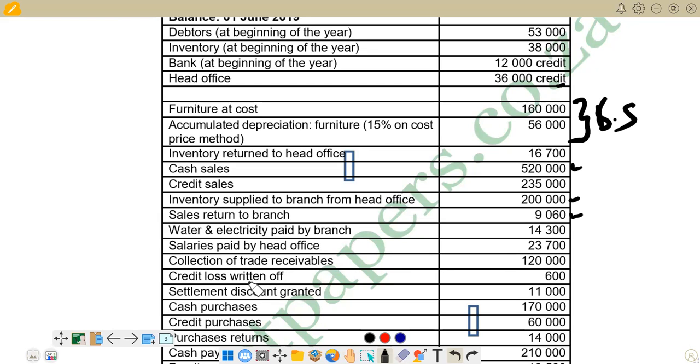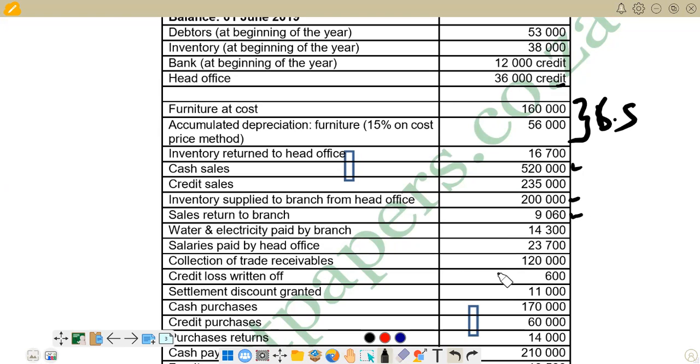Then the next one is credit loss written off 600. So what does it mean? These are the trade receivables that we sold goods to on credit. Now we are seeing that they cannot pay their amounts due, so we write them off. So they become bad debts. This one is going to affect the income statement.